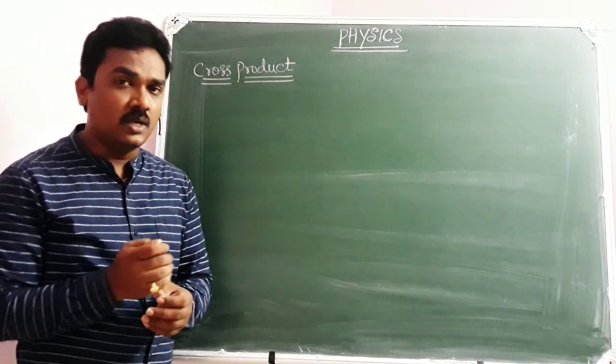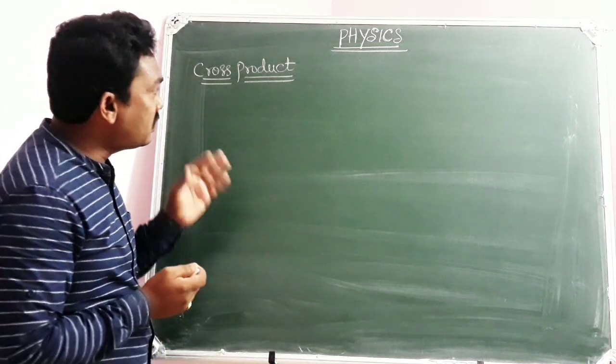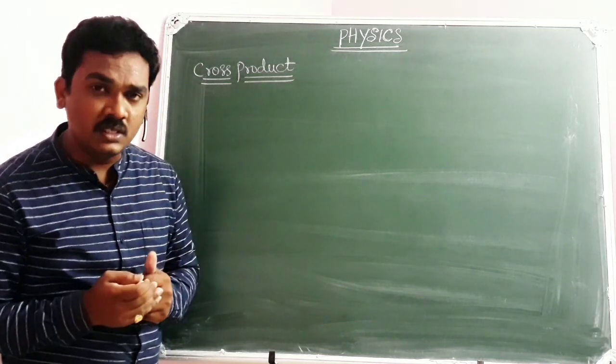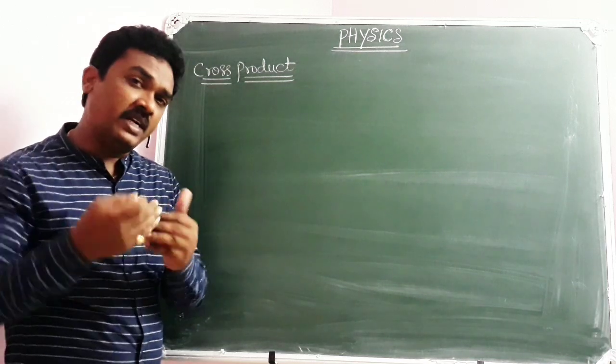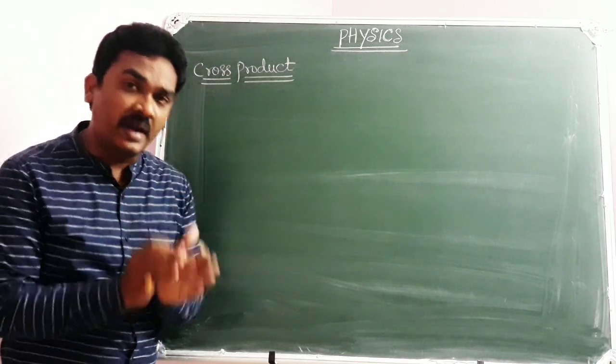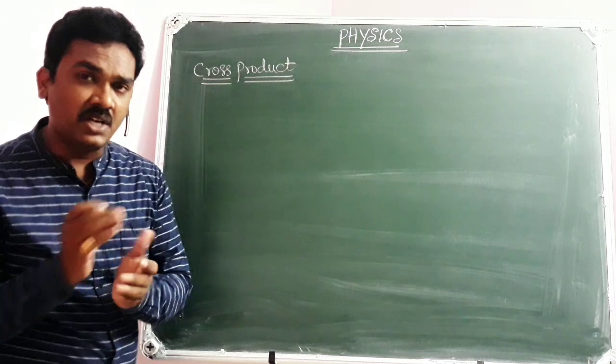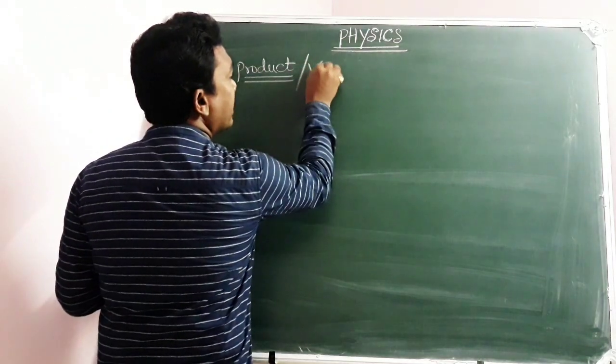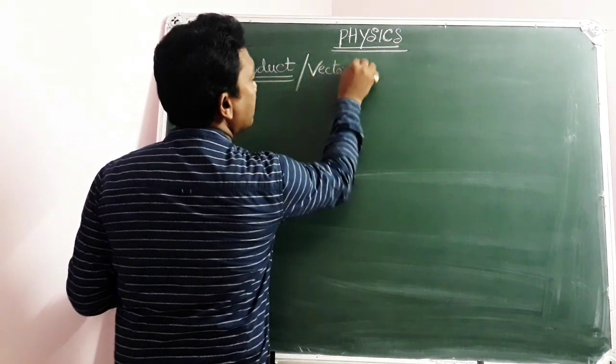That's why it is a scalar product. But in cross product, the product of any two vector physical quantities is also a vector, having both magnitude and specific direction. That is the reason why cross product is also known as vector product.